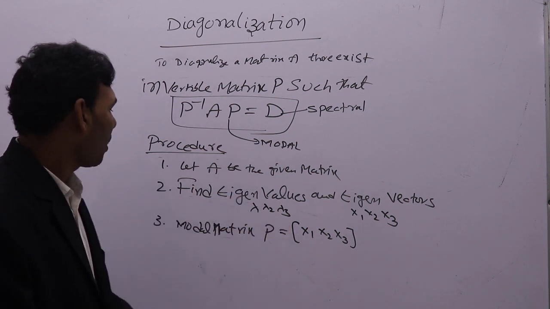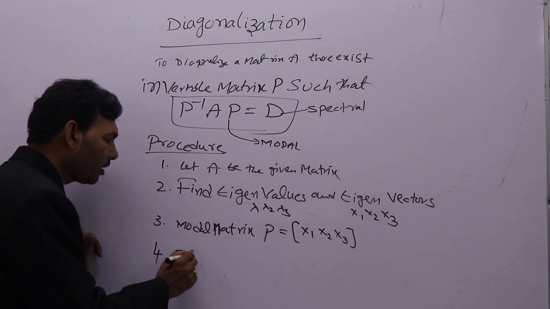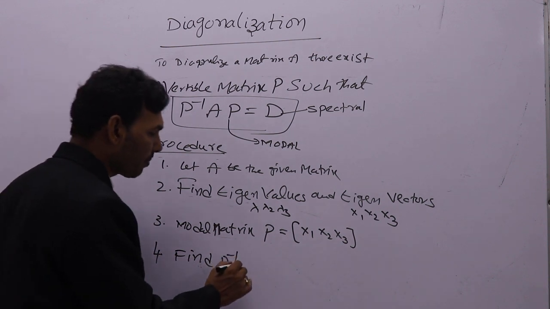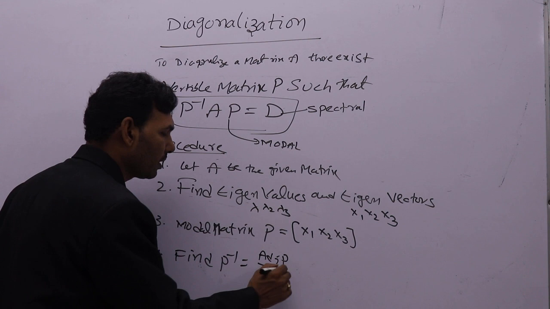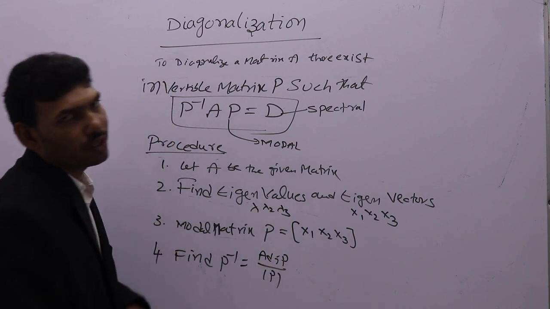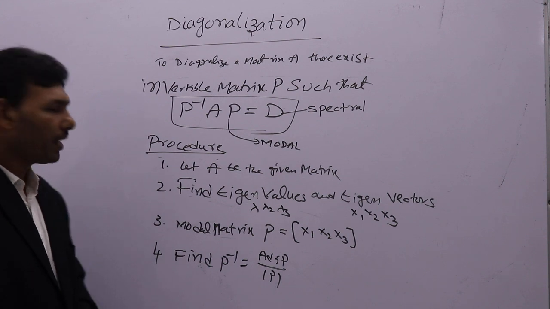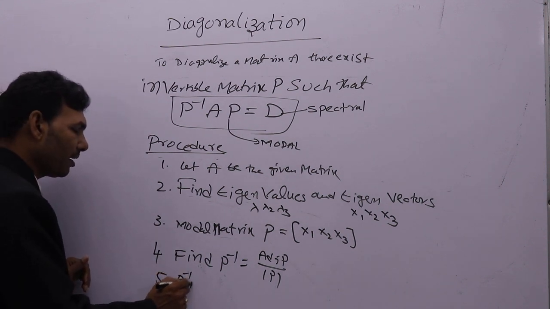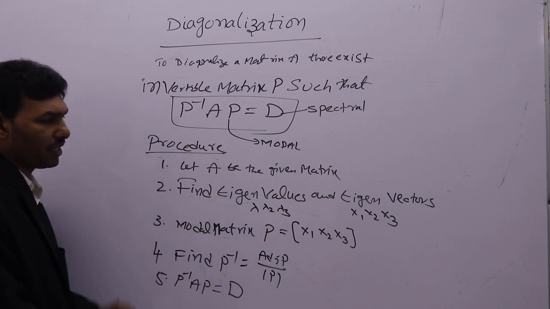Next, find P inverse using the formula: P inverse equals adjoint P by det P. Next, calculate P inverse AP, which gives a diagonal matrix.